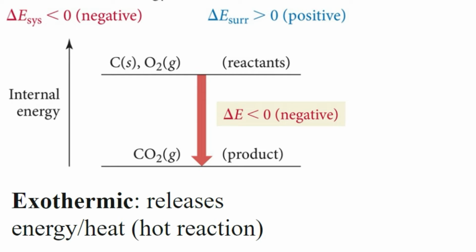Stay tuned. So exothermic reactions, we call these hot reactions. So this is a hot reaction, everybody, when you combine carbon and oxygen to form carbon dioxide, because that energy is flowing out to the surroundings. It's releasing the energy, releasing the heat, so the surroundings is gaining that energy, becoming more positive in this case.